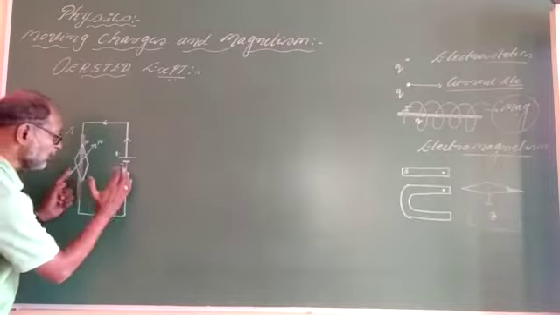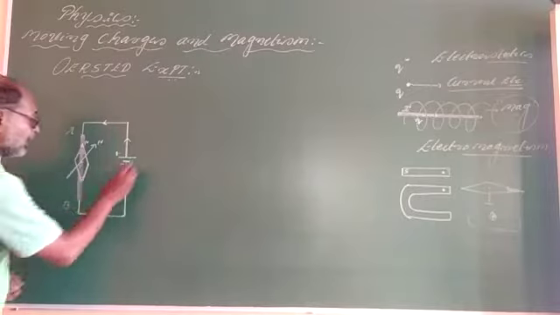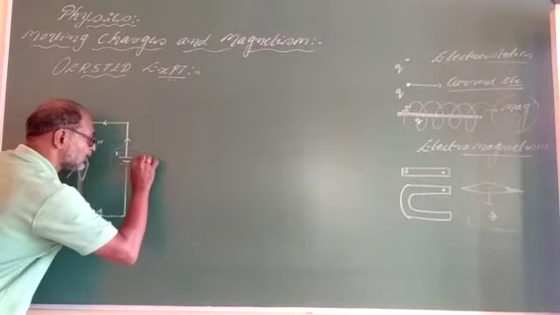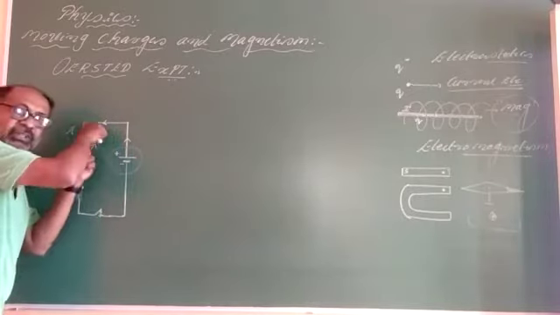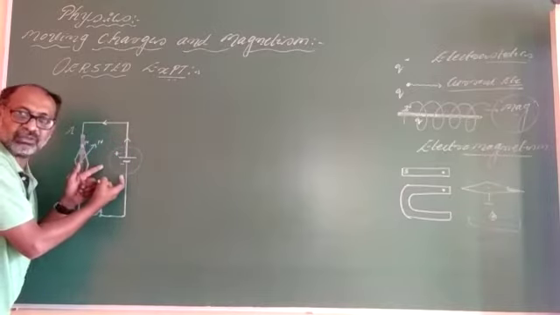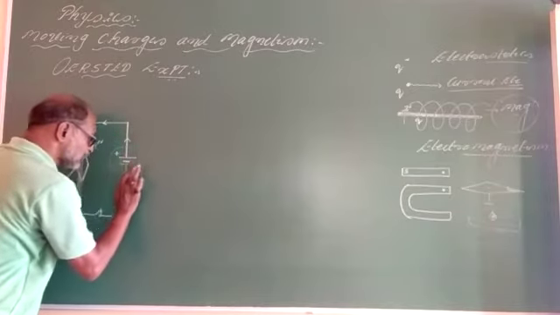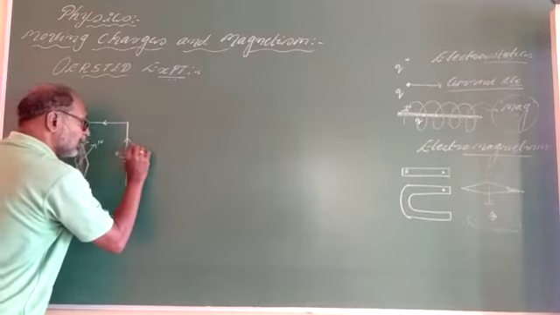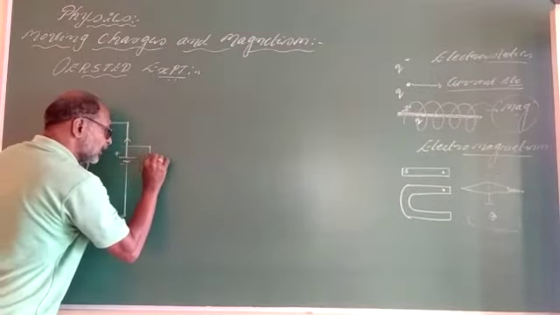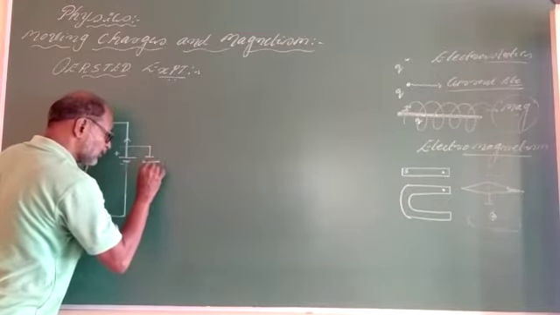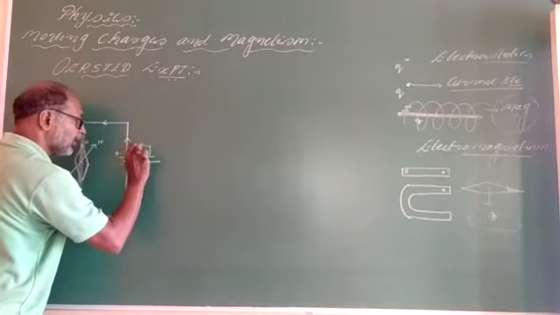Now conduct the same experiment in a different manner. Change the polarity of this. The polarity means the positive becomes a negative, and the negative becomes a positive. I will show this in dotted lines.